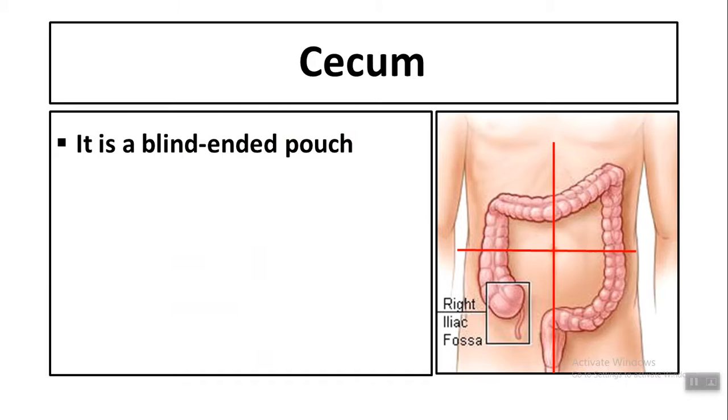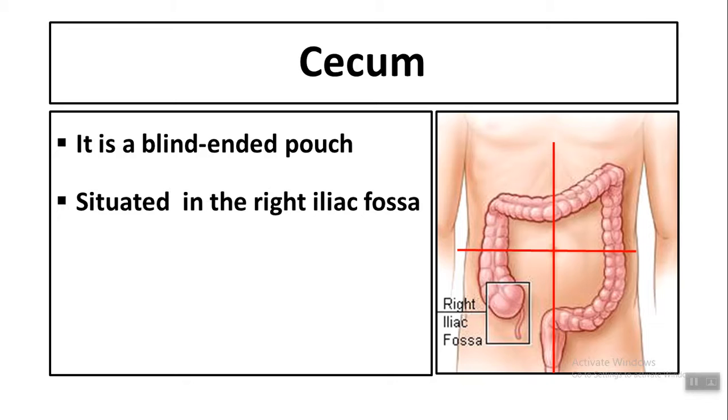We will take the first part of the large intestine, which is the cecum. The cecum is a blind-ended muscular pouch situated in the right iliac fossa.